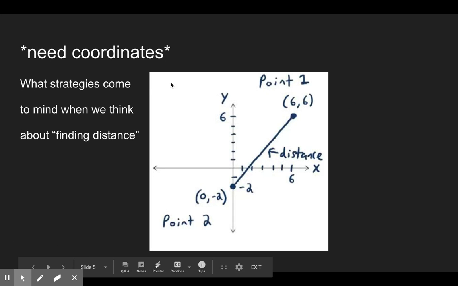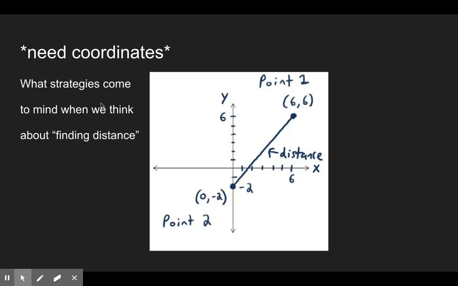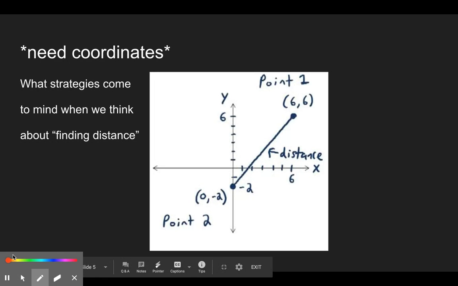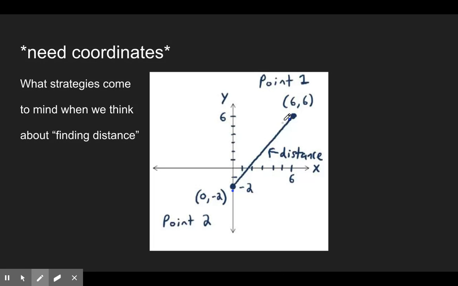So now that we've got that out of the way, let's talk about what it looks like. We need coordinates. When I ask what strategies come to mind, I typically will have students ask, can I just count my way up? And I would say, if you had a vertical line, sure. And if you had a horizontal line, sure. But that's not what we have. We have this line on a diagonal.